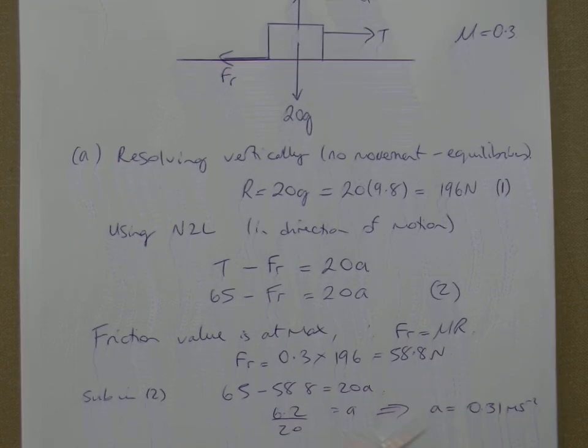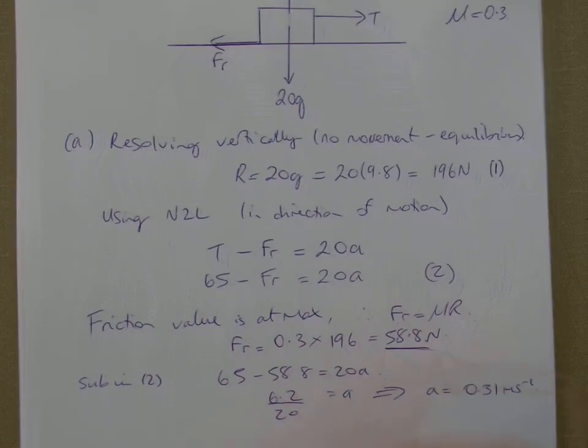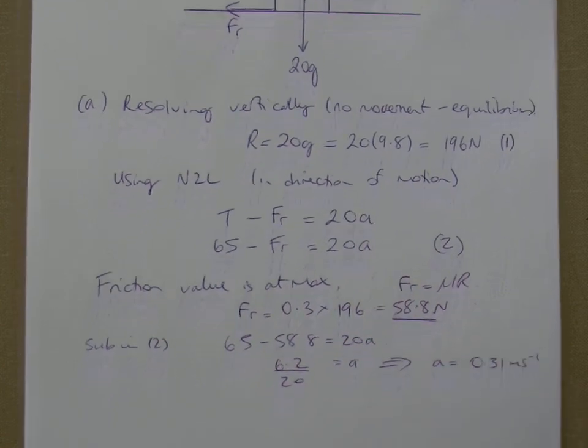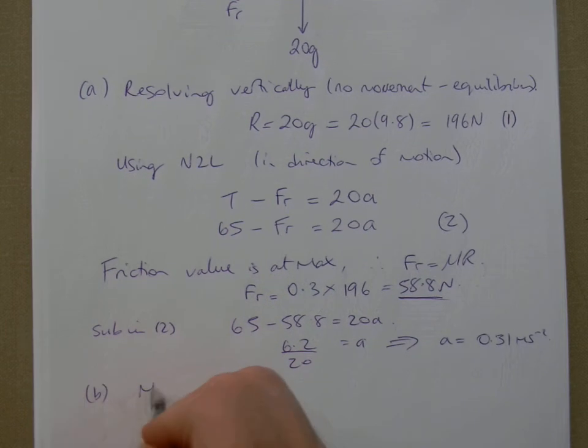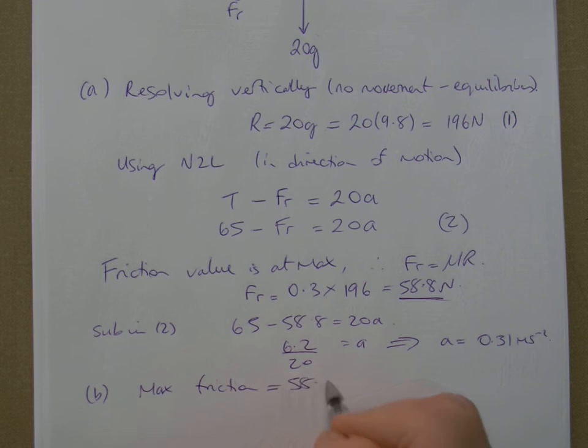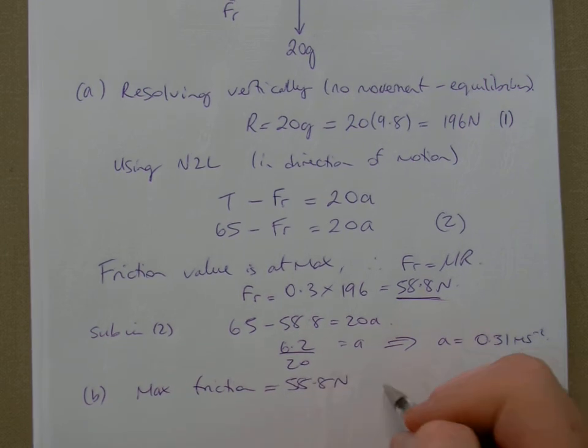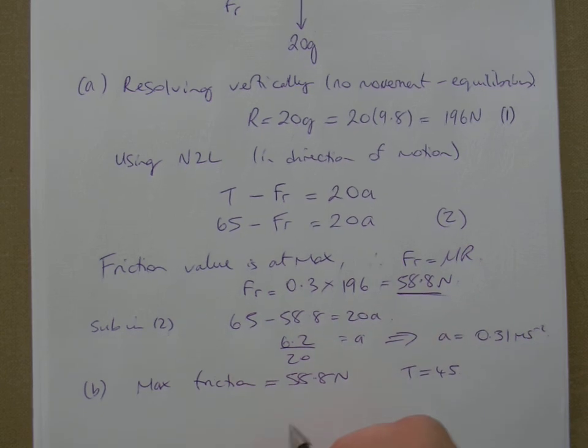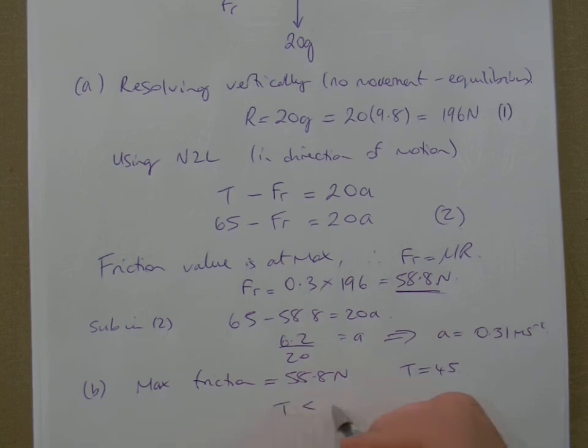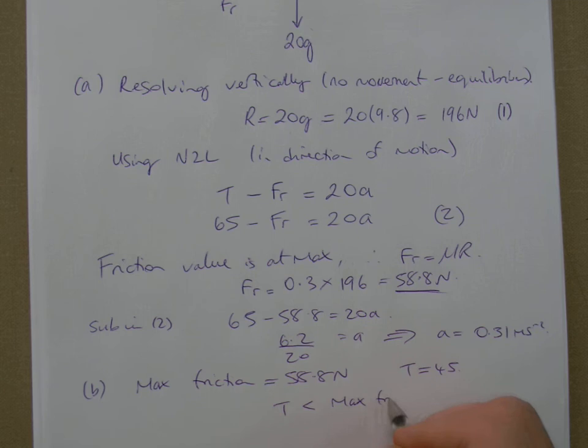If you think about it, the max friction is 58.8 newtons. Now, if T was equal to 45, then T is actually less than the max friction.